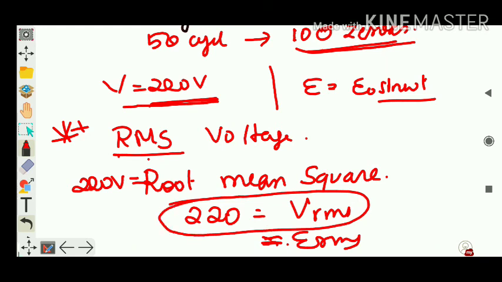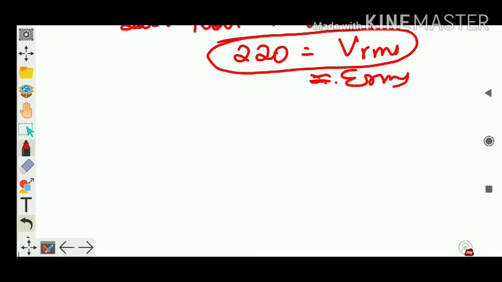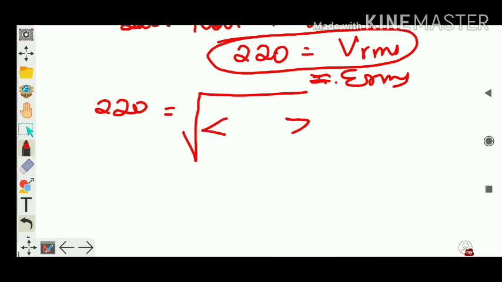You actually don't receive the proper total current; the average current which you receive is the root mean square current. Now I will tell you explicitly how it is understood. This 220 is equal to root of the mean of the square of voltage. See, root mean square.